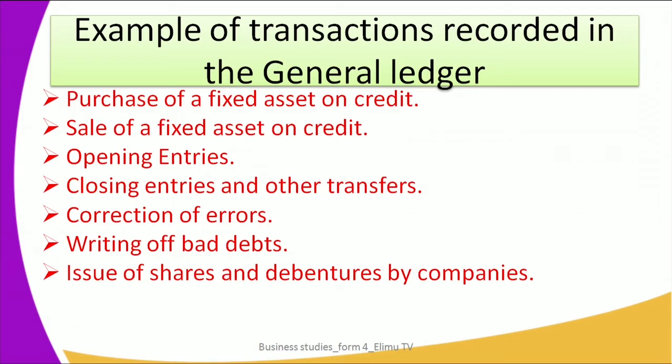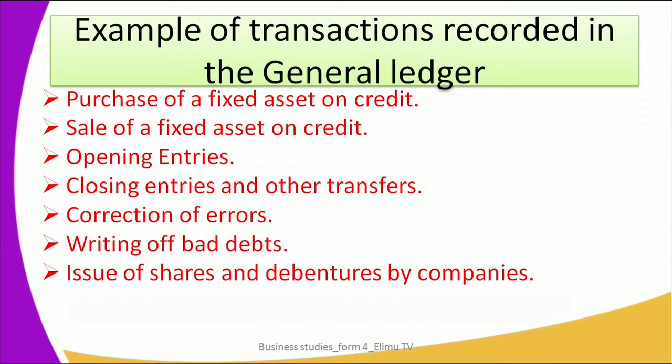Back then we'll be talking about errors. We've already talked, or maybe you've already come across, errors that affect the trial balance and errors that do not affect the trial balance. So such errors. We also have writing off of bad debts. This is whereby you do away with debts that have taken too long before they are paid. Any transaction involving writing off of bad debts is recorded in the journal.